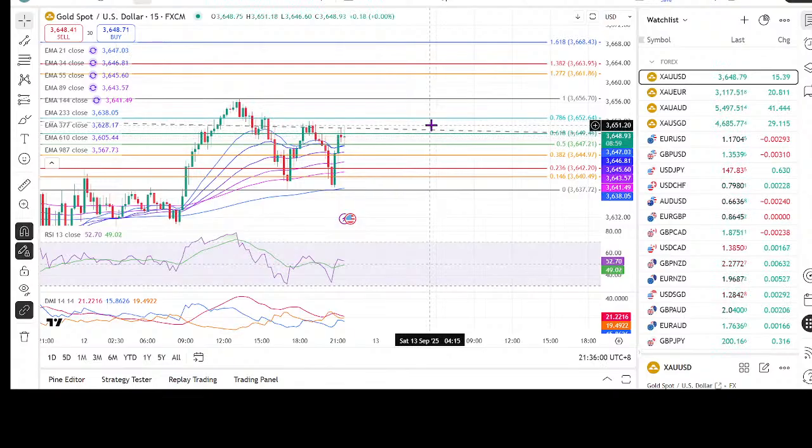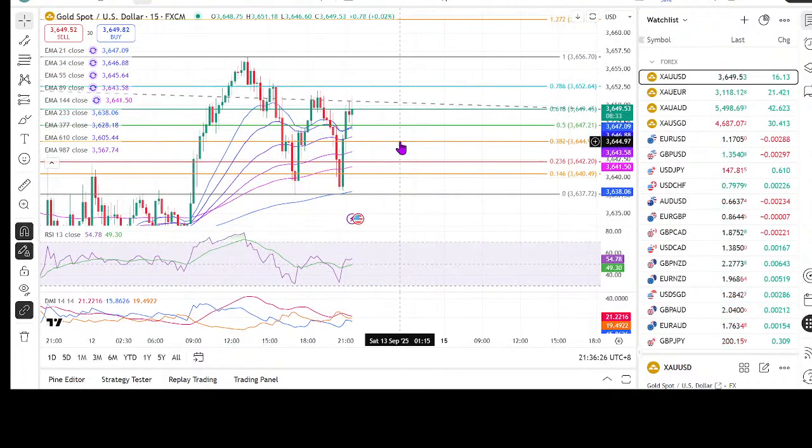This level is a very important level, that 51 52 has to break, and the time left for this is only 25 minutes. If within these 25 minutes we see this break happen, then we can see the price heading further upside. So now how can we trade this?